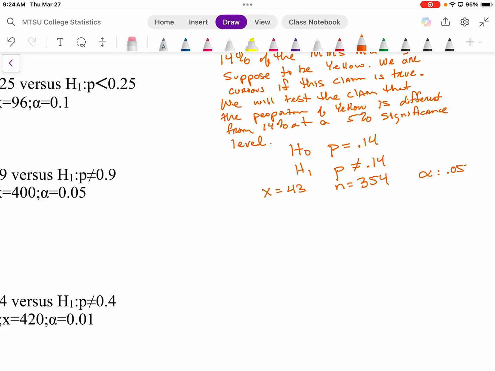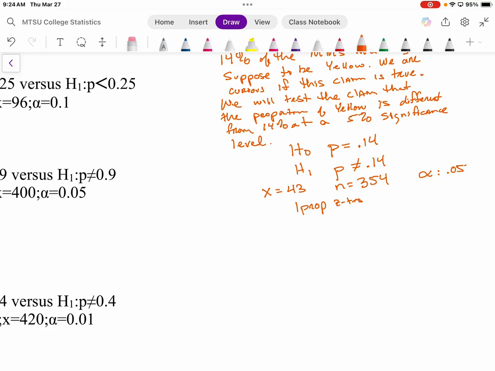And so we're going to do a one proportion z-test, assuming all the other conditions were true: that it was random, it was independent, and we meet the normal condition. For normal, we would have to check 0.14 times 354 times 0.86, in order to check if we're normal. Is that greater than 10? I believe it is.